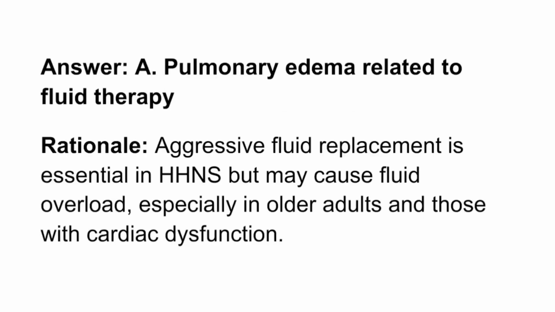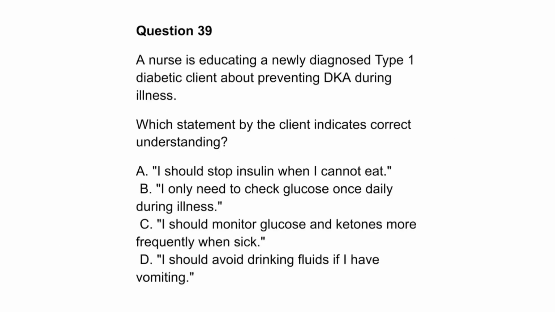Answer: A. Pulmonary edema related to fluid therapy. Rationale: aggressive fluid replacement is essential in HHNS, but may cause fluid overload, especially in older adults and those with cardiac dysfunction.